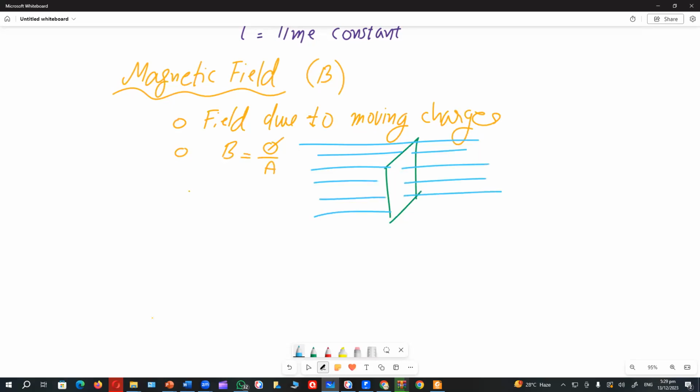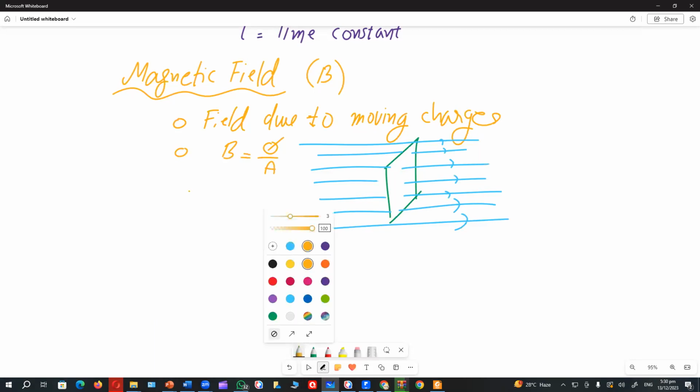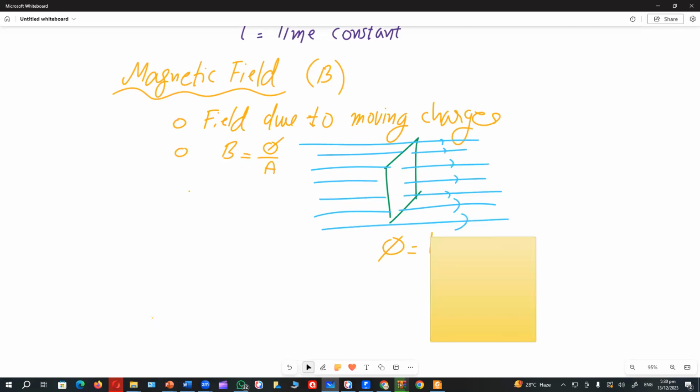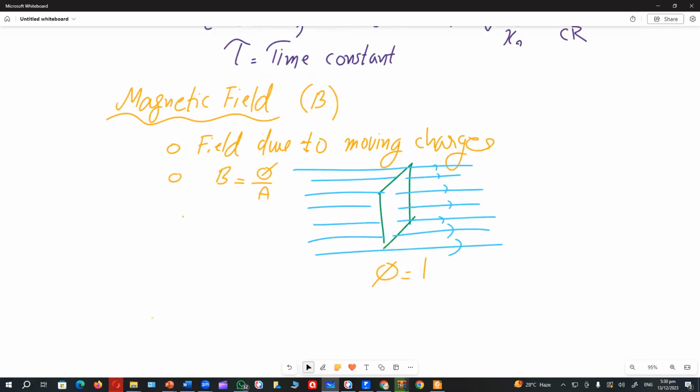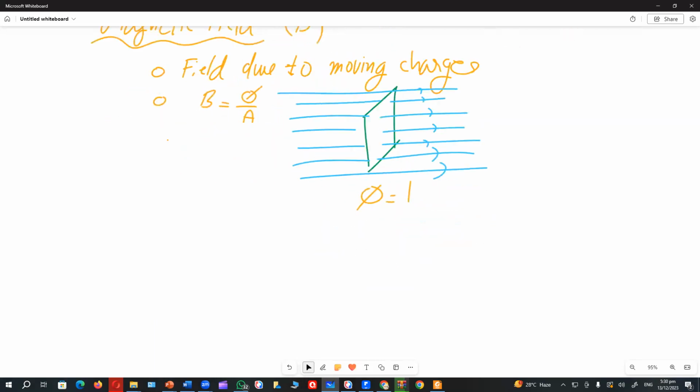Some lines are passing through this material like this. These are the field lines. Now, what is phi? Phi is the flux linkage.